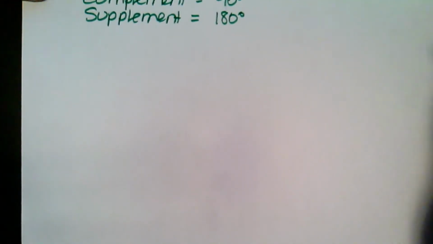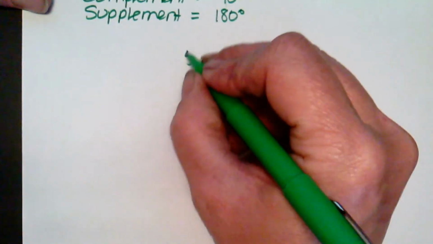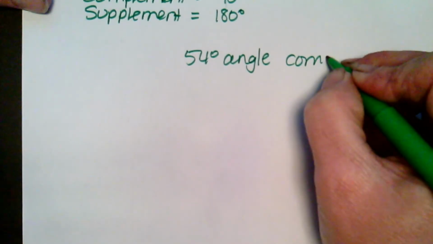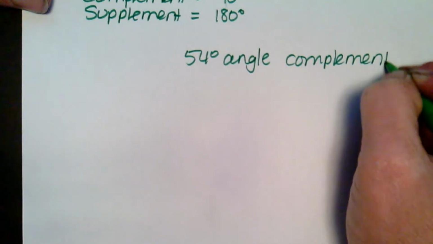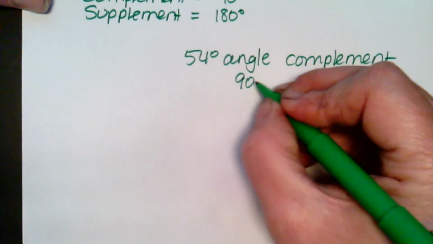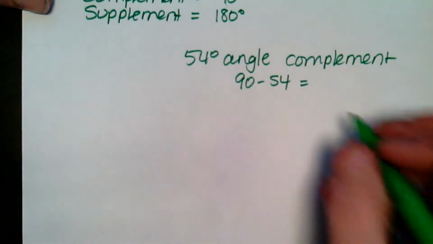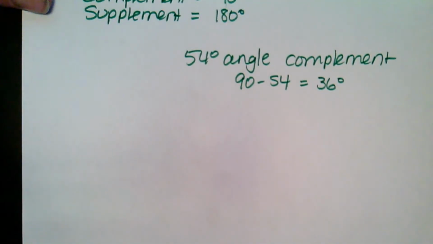So it says find the measure of a complement of a 54-degree angle. So that means that they have to add up to 90, so we take away 54 from 90. And we get 36 degrees.